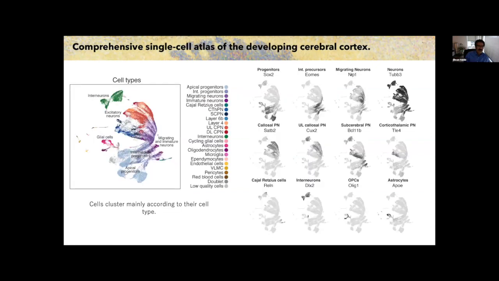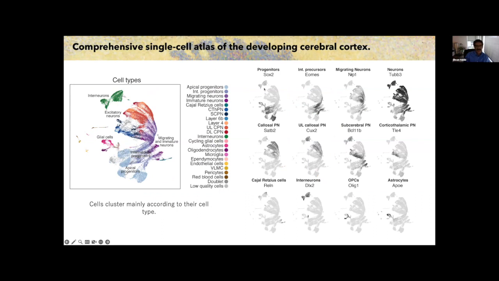If we take all these individual time points and merge them, you can see the main differentiation trajectory is a continuum from apical progenitors towards projection neurons and glial cells.